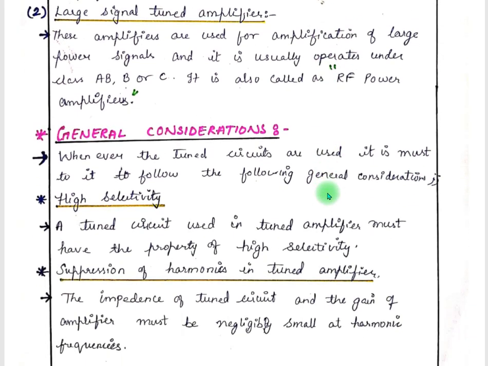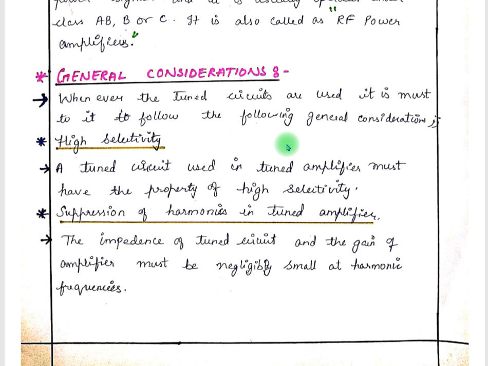Next, let us see the general considerations in tuned amplifiers. Whenever tuned circuits are used, it is a must to follow the following general considerations: high selectivity and suppression of harmonics. Let us see what high selectivity is. A tuned circuit used in a tuned amplifier must have the property of high selectivity.